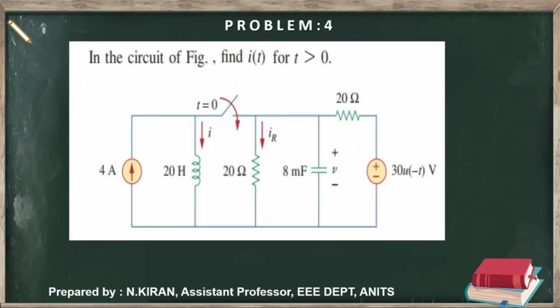So the last sum will be, here also he has asked us to find the expression for I of t. Here we have a current source of 4 amps and a voltage source 3 into u of minus t. Initially the switch is open and it is closed at t is equal to 0.